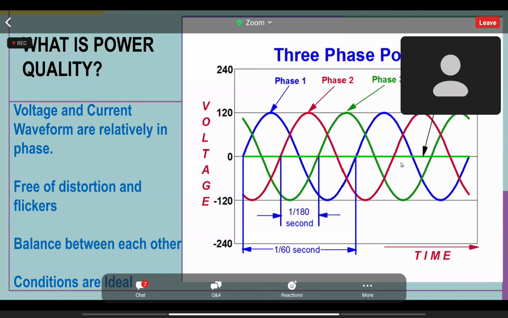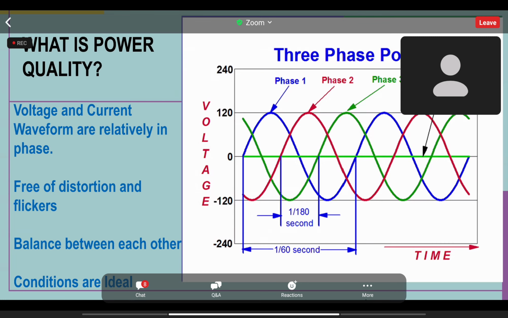So what is power quality? So when we say a power with a good quality, all the basic factors of our system are in ideal conditions. So for example, the voltage and current waveforms are relatively in phase with each other. The distortion is zero, or there's no distortion or flicker. The load is balanced with respect to each other. The angle of the phases of our system are also balanced, equally distributed, 0, 120, and negative 120 degrees.